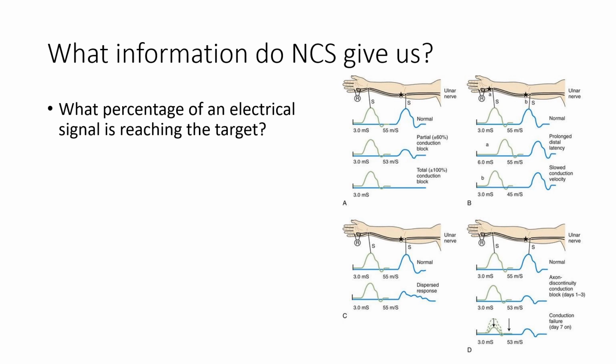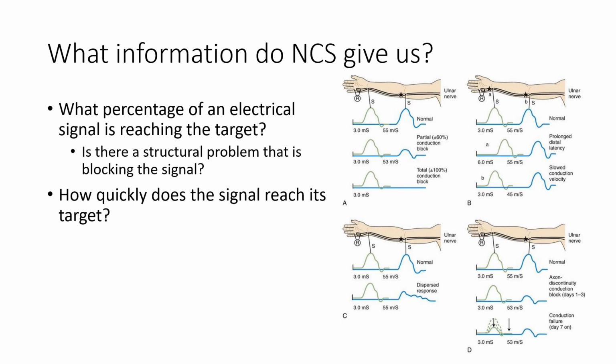The normal response is that however much electrical signal is presented to the nerve is also detected later on. And you can see that if there's a conduction block, meaning there's a problem in the nerve that's preventing passage of the electrical signal, then you are not able to detect as much signal as you would expect. And so this is really telling us, is there a structural problem that is blocking the signal from passing through the nerve?